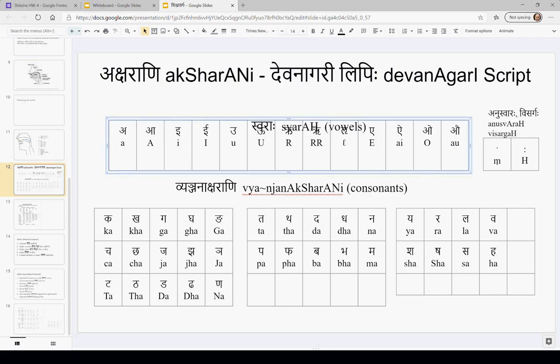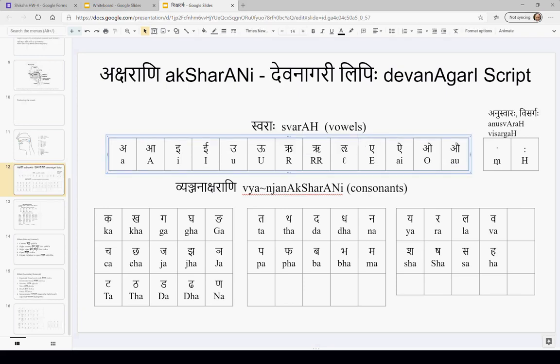Then the u, in the u, the air passes through the gap between the lips. And elongating each one we have aa, ii, uu.